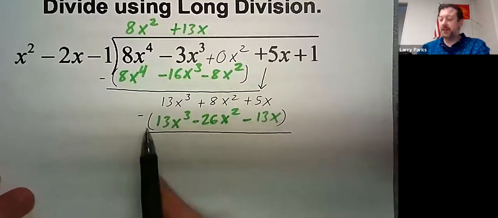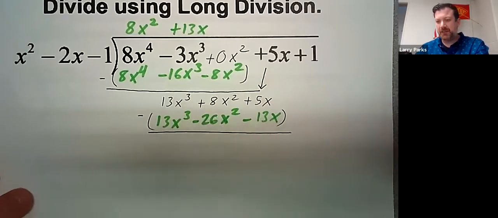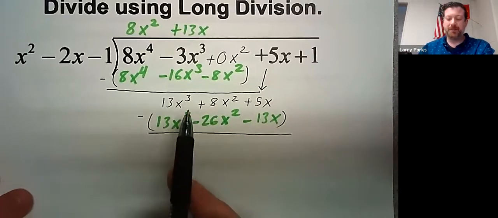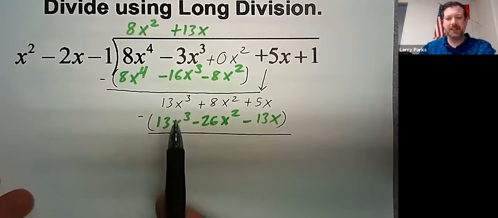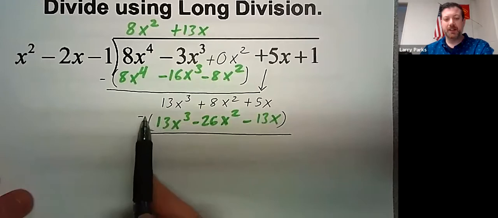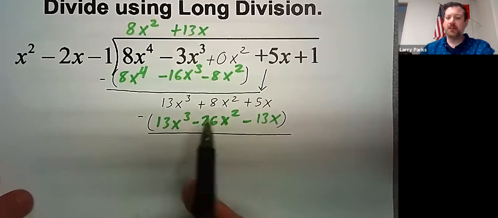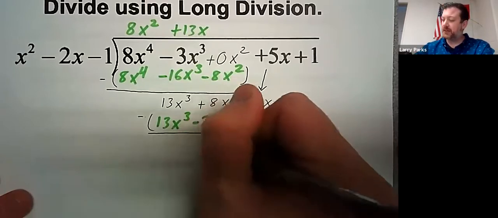And what some people do is when they subtract, they just go in and change all the signs and then add. Feel free to do that. I used to show it that way, but then it got really confusing. 13 minus 13, 0. This turns into a plus, so it'd be 8 plus 26, which is 34x squared.